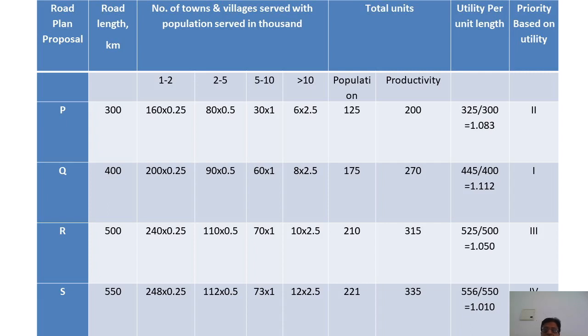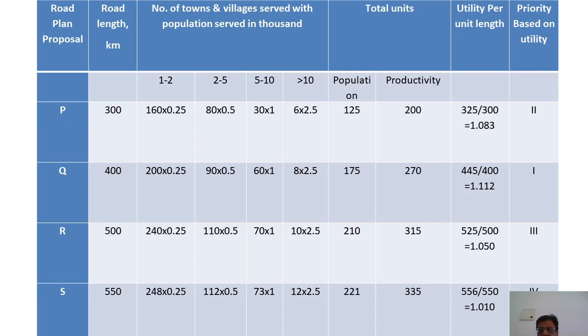So you need to prioritize. There are 4 road plans, PQRS. All the roads you cannot take up at the time. Only the road network which gives the highest utility unit per unit length should be given the first priority. So in this, 1.12 is greater among all these, right? So this road has to be constructed first, the top priority.